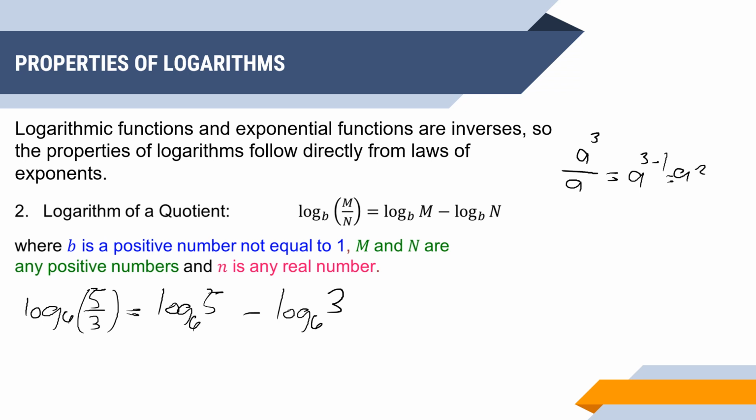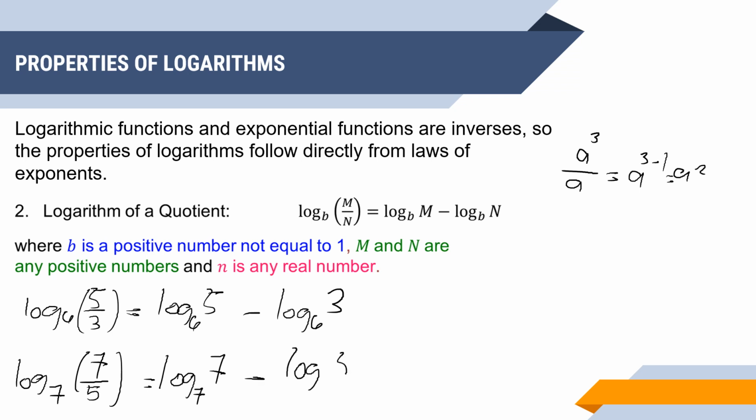Next example, we have log of 7 over 5 with base 7. This will give us log of 7 with base 7 minus a log of 5 base 7. So again, that is according to our logarithm of a quotient.